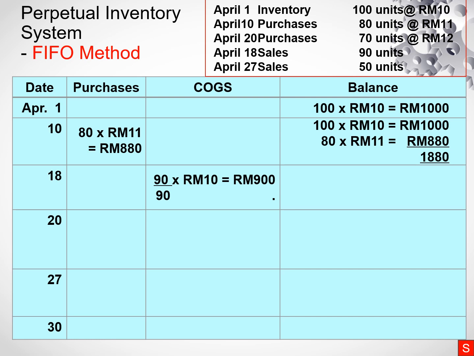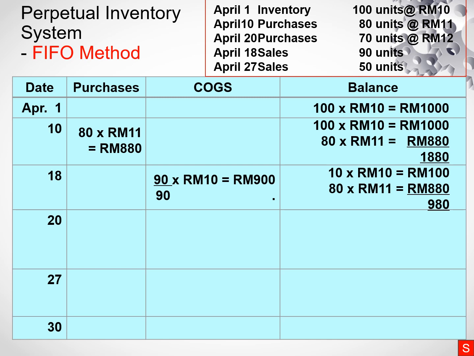So, the new balance are 100 minus 90 units equals to 10 units times 10 equals to 100, and 80 units times 11 equals to 880. So the new balance is 980.